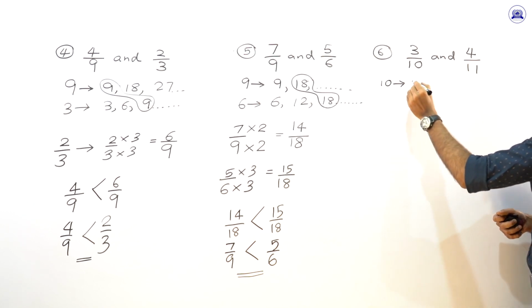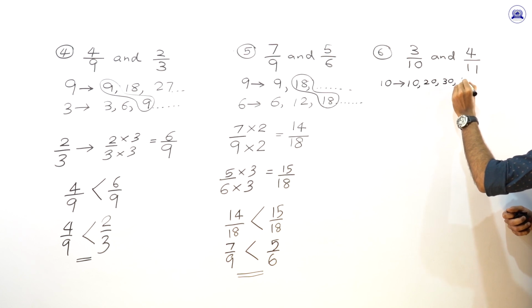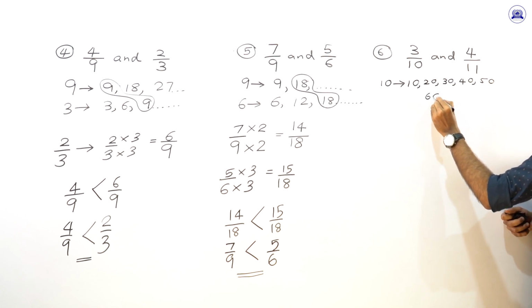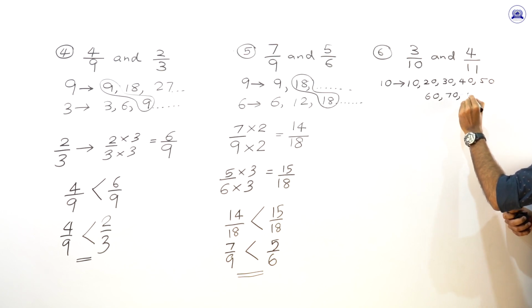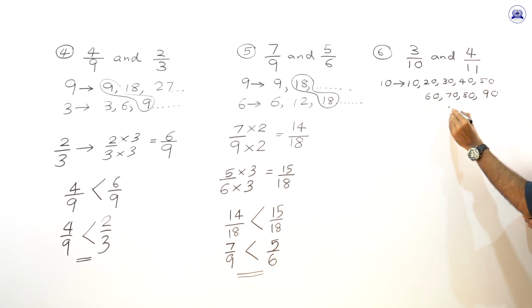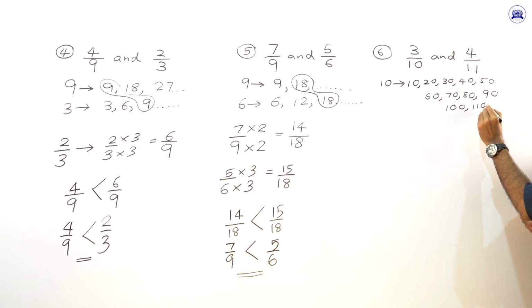Then you multiply 10: 10, 20, 30, 40, 50, 60, 70, 80, 90, 100, and also 110.